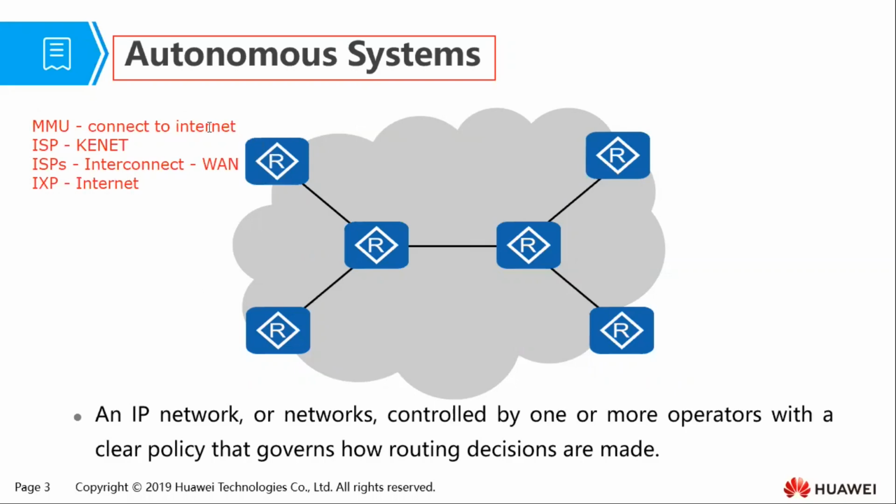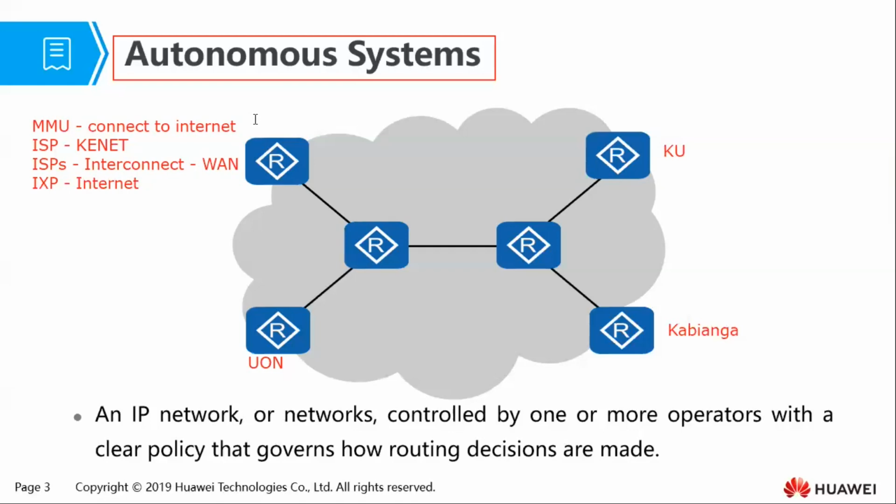So what's an autonomous system? Now, while MMU has a single router that interconnects us to our ISP, KENET interconnects several institutions of higher learning. So it interconnects KU, it interconnects Kabianga University, it interconnects UON, it interconnects many other institutions.